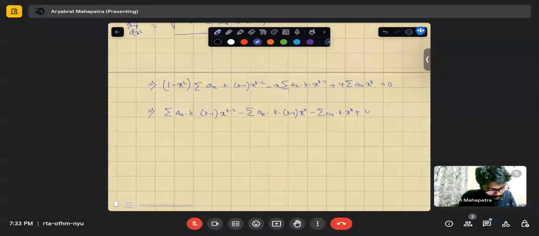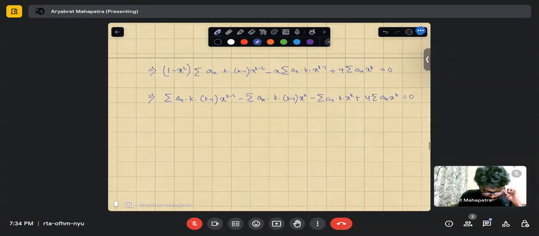I have multiplied the 1 minus x square factor with the first term, and then I have rearranged it with the x to the k minus 2 and x to the k terms right here.